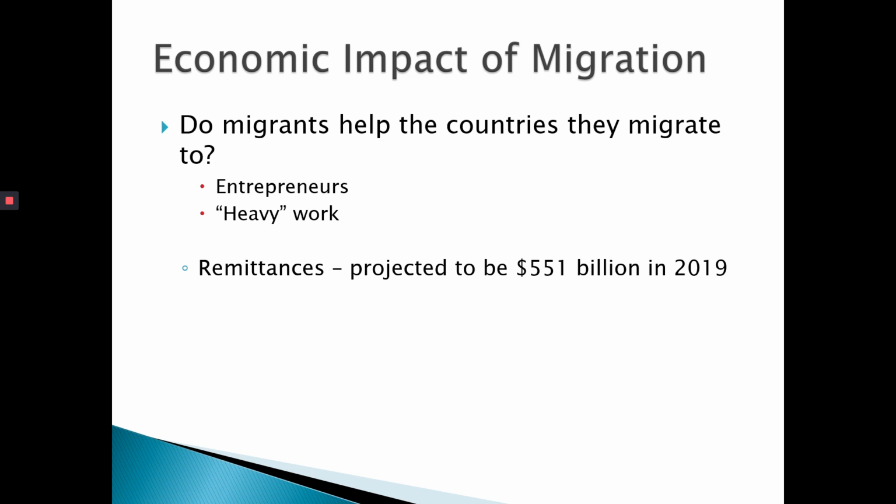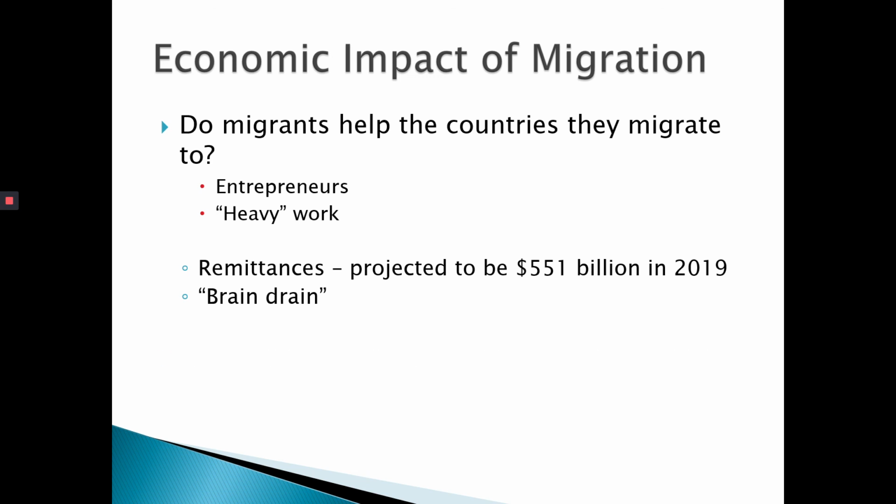However, there might also be a negative effect. The country that's leaving might be losing their educated people. For example, the doctor that leaves the country of Somalia to go to another country, all of a sudden Somalia just lost a physician. Granted, the new country gained a physician, but the originating country just lost a physician. So that's the idea of what's called brain drain.